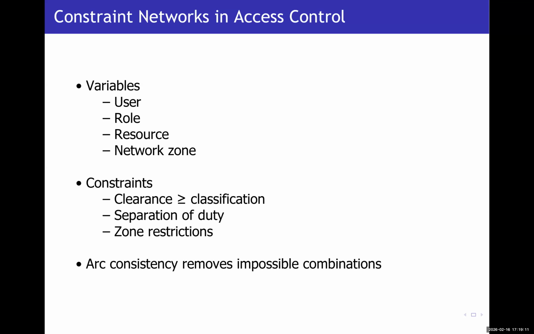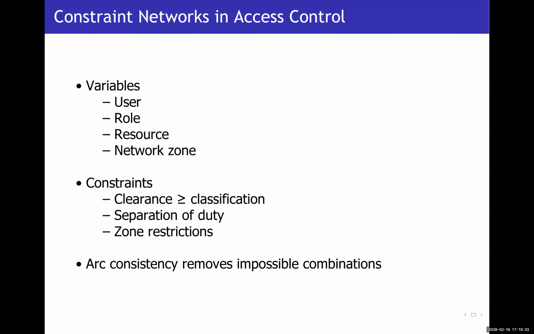Next we'll talk about constraint networks in access control in order to apply this to the cybersecurity domain. So now we're going to translate constraint networks into the access control setting. Think of the variables as user, role, resource, and network zone. Each variable has a domain of possible values.